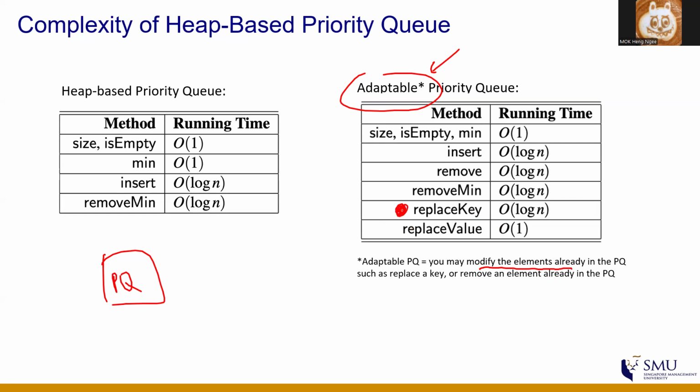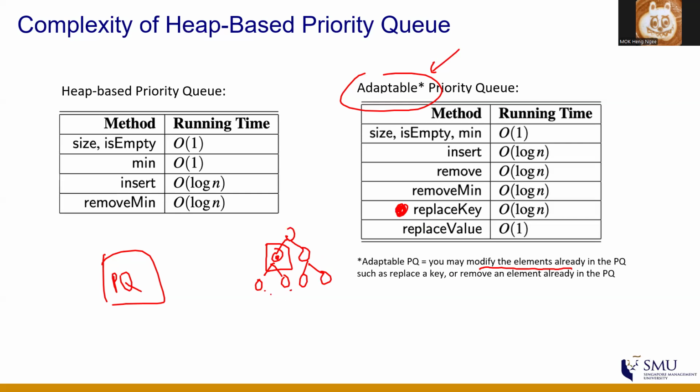So let's take a look at the replace key complexity. It is O(log n). So this is the heap. Let's say this is the key I want to replace. I want to replace the key of this particular node. So once I replace the key, it may not be in the correct position anymore. I will have to check whether it is smaller than both its children.